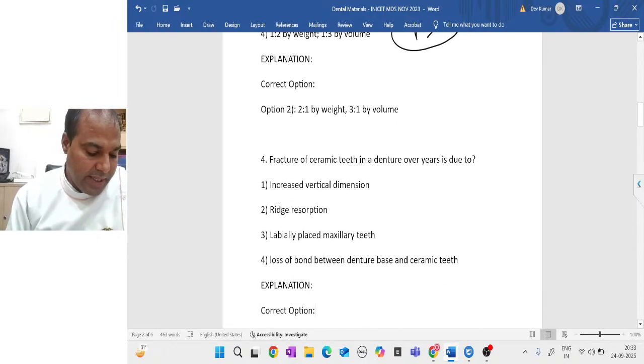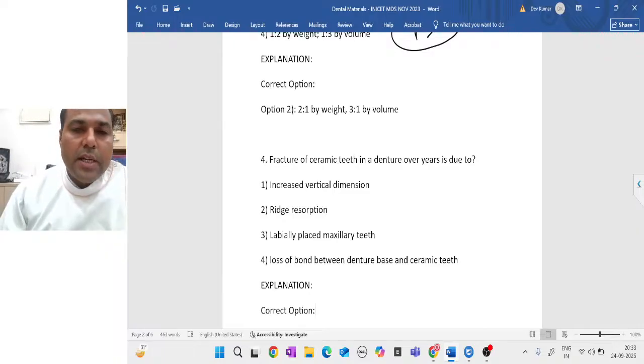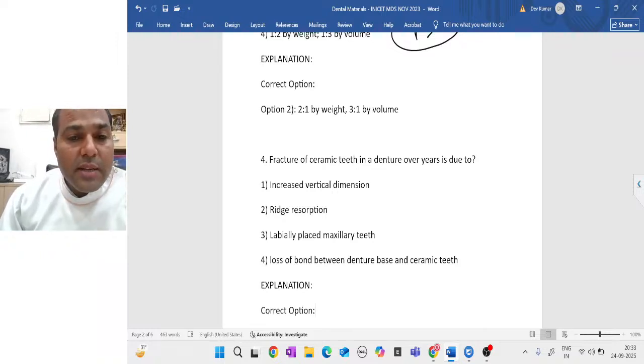Fracture of ceramic teeth in a denture over the years is due to: is it due to increased vertical dimension, is it due to ridge resorption, is it due to labially placed maxillary teeth, or is it due to loss of bond between the denture base and the ceramic teeth?